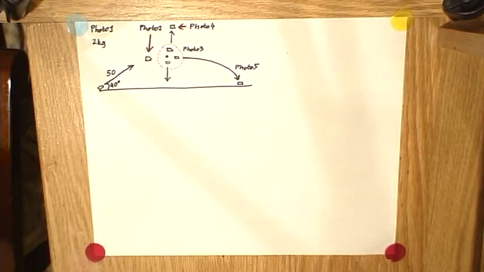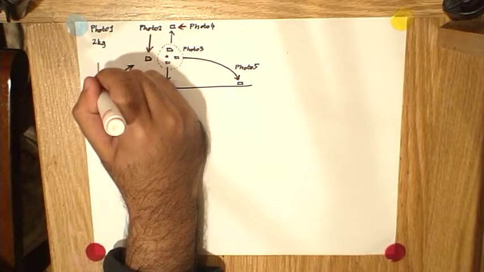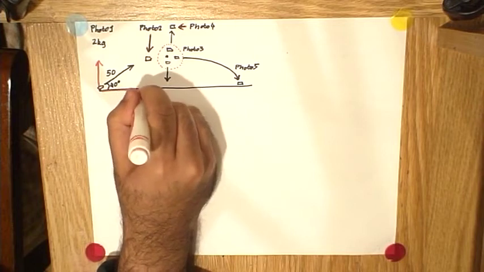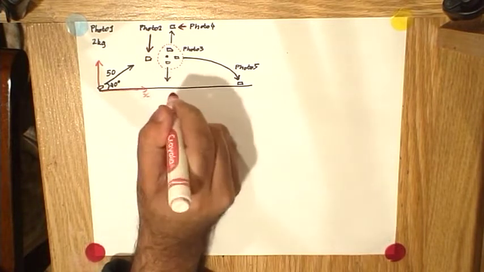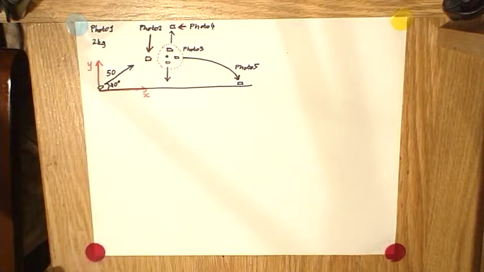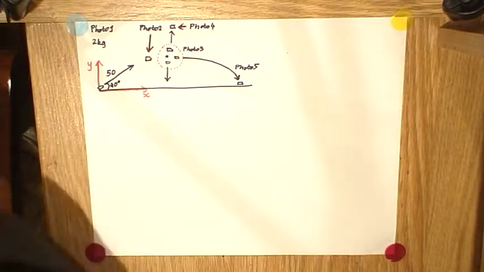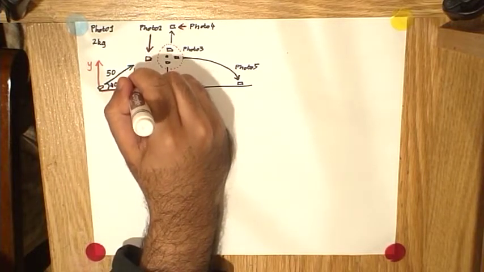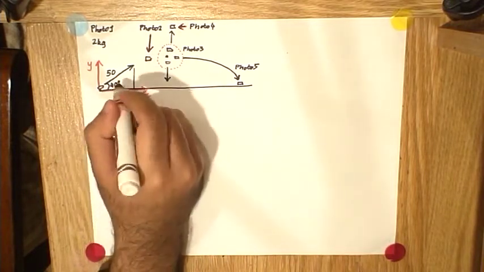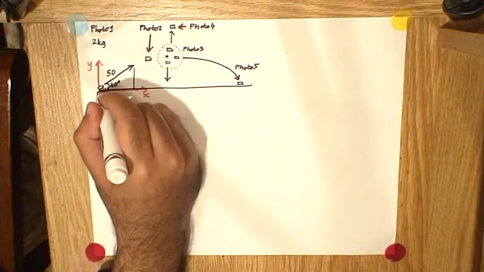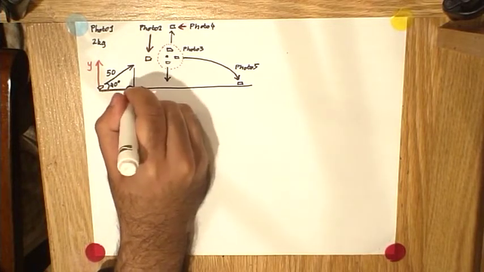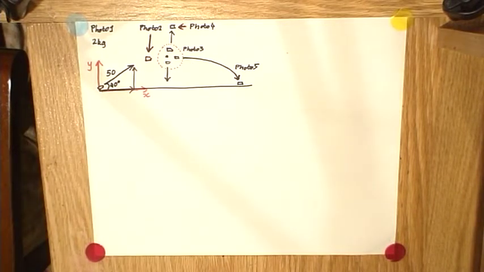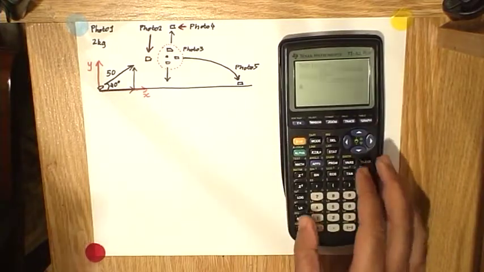I'm going to draw my axes now. I'm going to set rightwards as being positive x, upwards as being positive y. I'm going to break this into its components because this was originally given to us in polar. Now let's go ahead and do that.